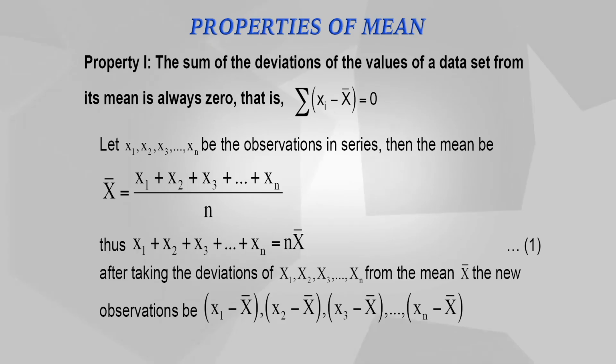After taking the deviations of the values x1, x2, x3 up to xn from the mean value x bar, the new observations will be x1 minus x bar, x2 minus x bar, x3 minus x bar up to xn minus x bar.